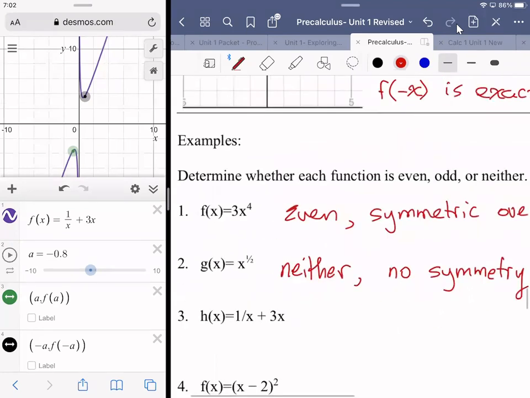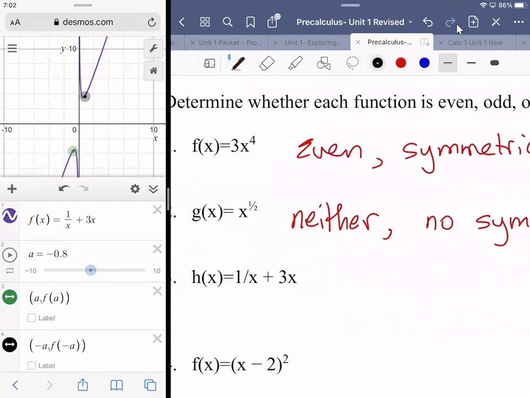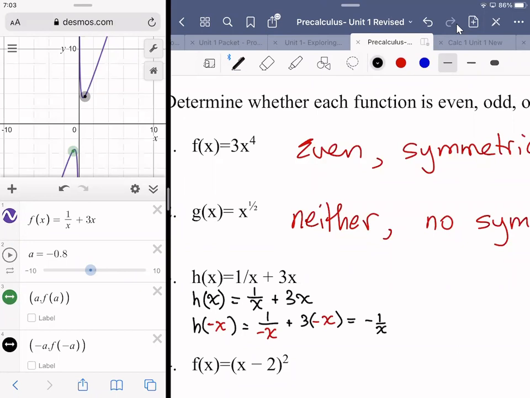All right. So h of x can also be written as 1 over x plus 3x, just to clean it up. So I'm going to write it as h of negative x is equal to 1 over negative x, which would simplify. 1 over negative x is the same as negative 1 over x. 3 times negative x is negative 3x.